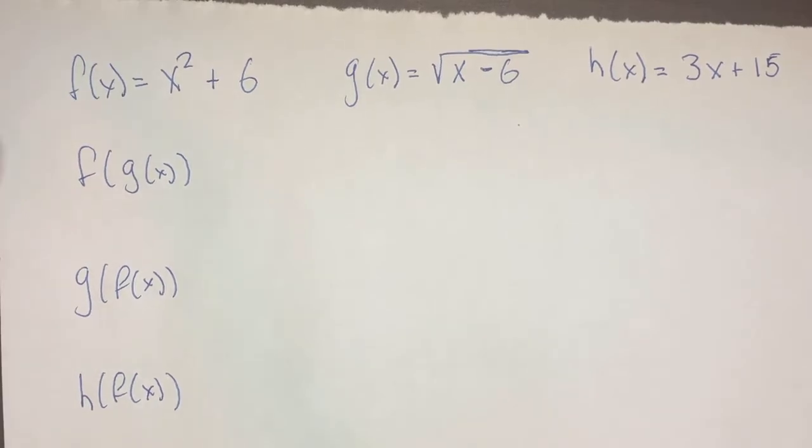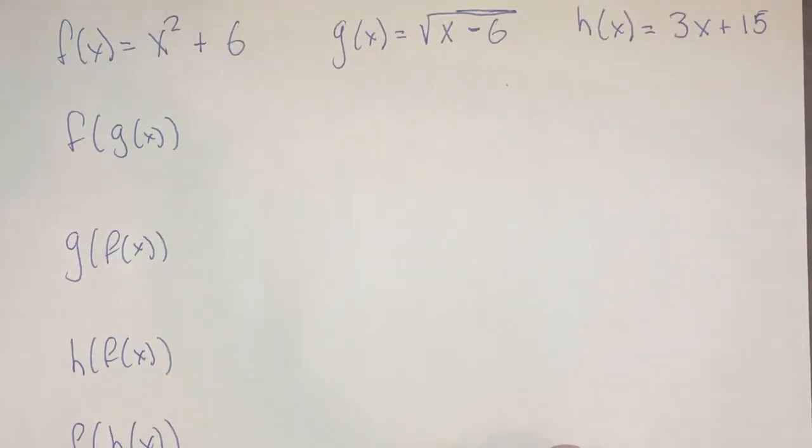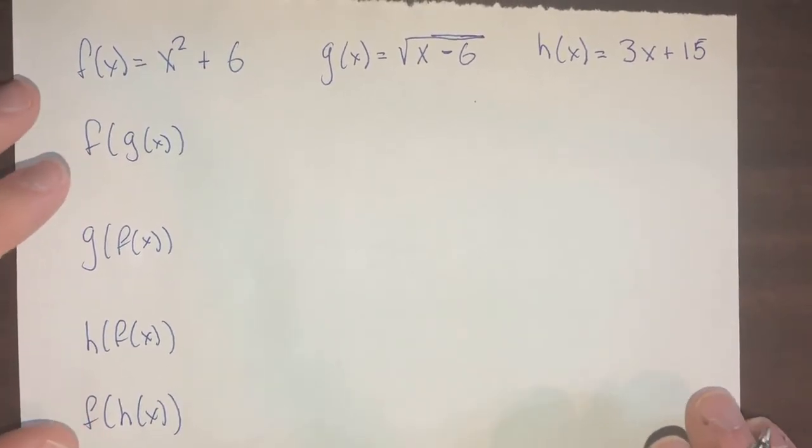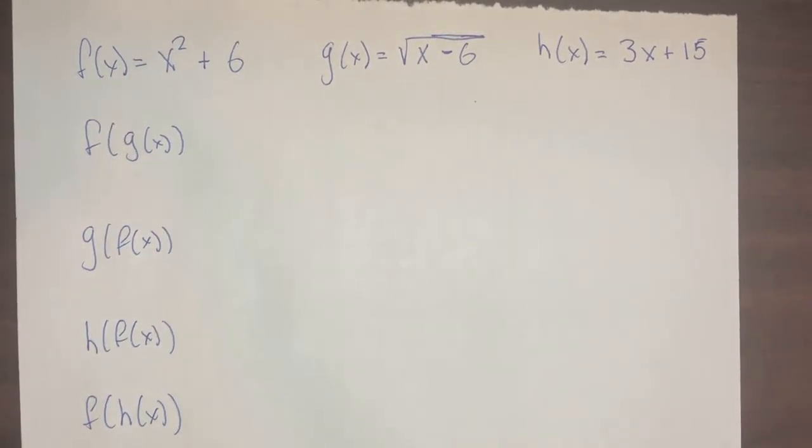So take a second, pause the video, digest this, try to give me those nice compositions, and when you're ready, we'll come back and I'll show you the answers to these 4 composition problems that you see here.